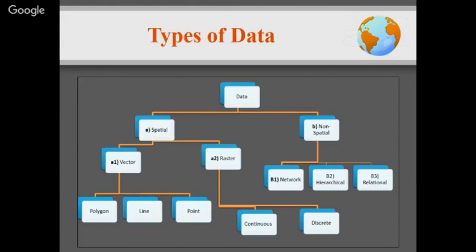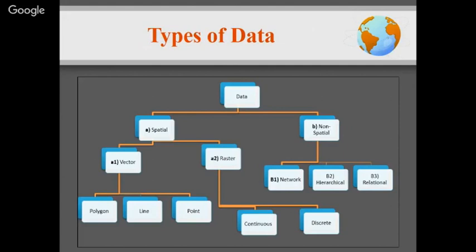When you try to make a map with the vector data, you have to use the polygons, the lines, and the points. Remember, all the data in the real world, if it has to be represented on a map, has to use the symbology of point, line, and polygon. And this is how we represent the real world on a map.